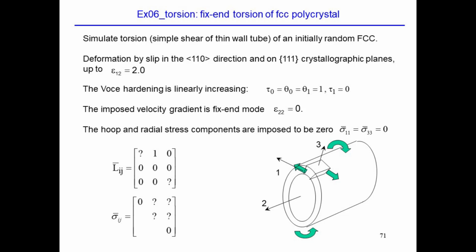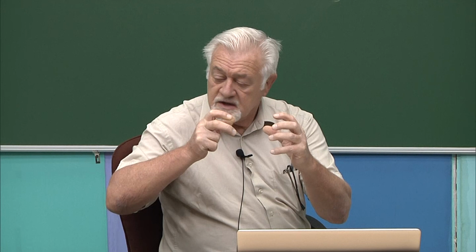What I want to mention here is that when you shear a tube, you can do it in two ways. One is you keep the tube constrained so the length cannot change. You grip it in such a way that you're shearing, but the length cannot change. Or you can leave one end free, and that is a free end tube, and then when you shear the tube, this end can slide in or out, and the length can change.